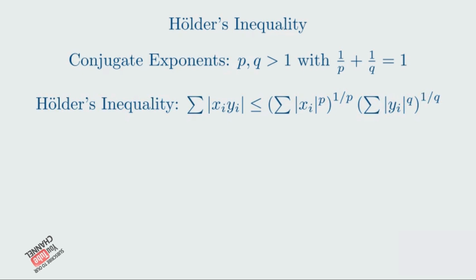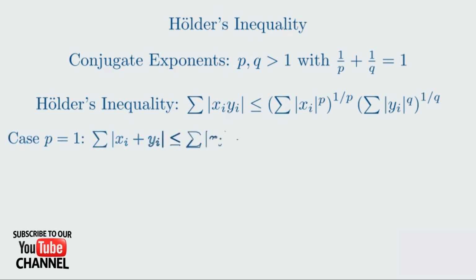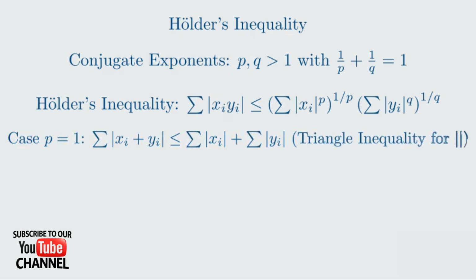There's also a special case of Minkowski's inequality that is useful to cover. The cases for p equals 1 and for p equals infinity, called the max norm, are straightforward. For p equals 1, the inequality becomes the standard triangle inequality for sequences, which we know is true from basic properties of absolute values.